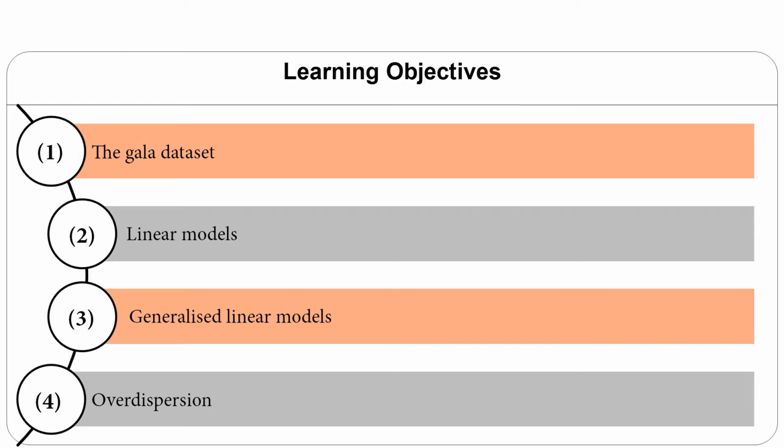As the outcome for this dataset is a count, we shall next look at the fitting of generalized linear models and the associated diagnostics. And finally, we shall look in more detail at the presence of over-dispersion and get an independent estimate of the scale parameter.